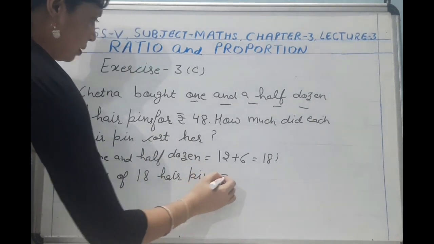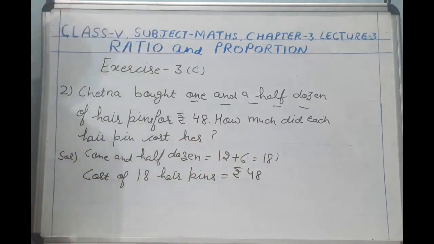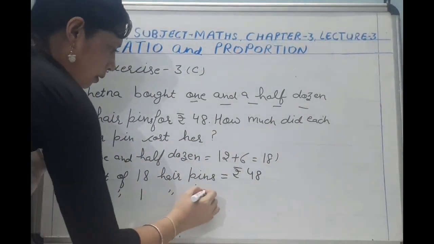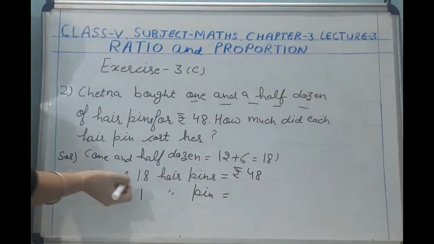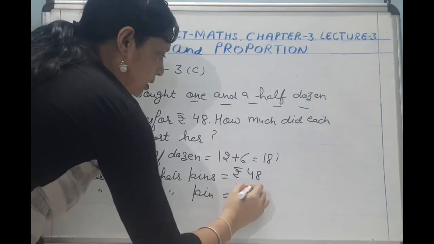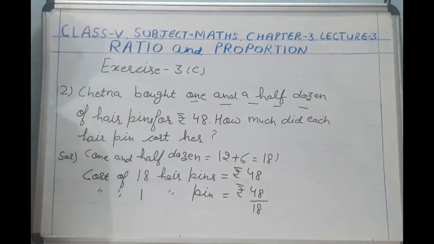Write down hairpins is equal to rupees 48. And we have to find out the cost of 1 hairpin. 1 की निकालनी है, 18 की गिवन है आपको, तो 1 की निकालनी है, then you will do division. Rupees 48 divided by 18. Right?